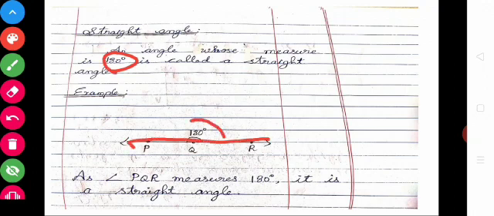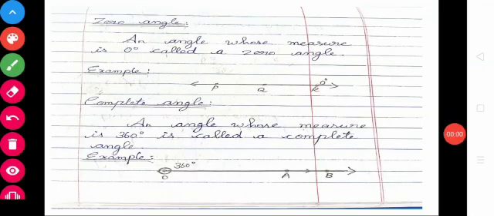An angle PQR measures 180 degree. It is a straight angle. Next one, zero angle. An angle whose measure is 0 degree is called a zero angle. An angle PQR measures 0 degree, it is called a zero angle.